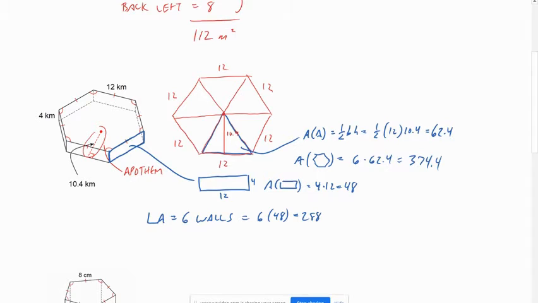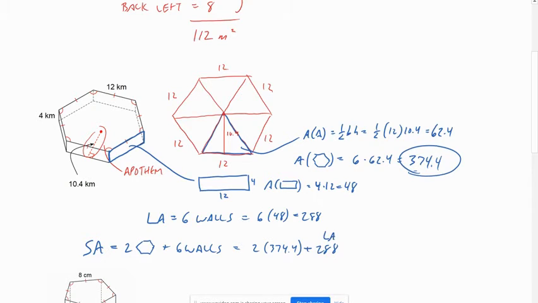Okay, and so now we're ready to find the surface area of this figure. We have 2 hexagons plus the lateral area, which is the walls. And so that's 2 times 374.4. That's that area that we got for each hexagon, plus the 6 walls, so that's our lateral area, which is 288. Add all that together.